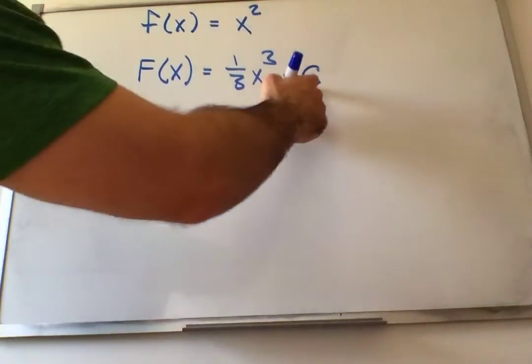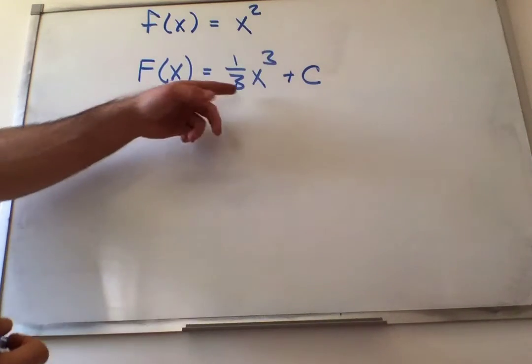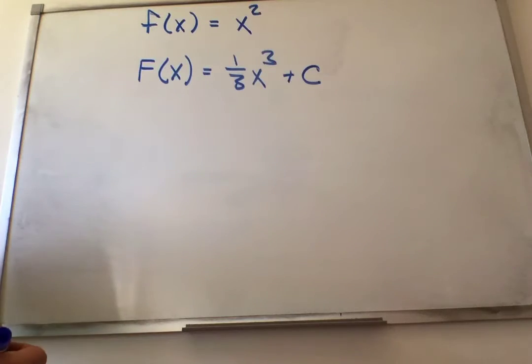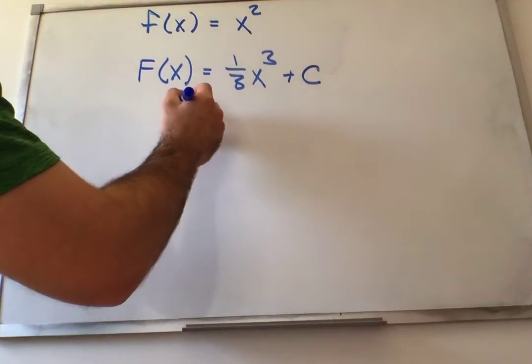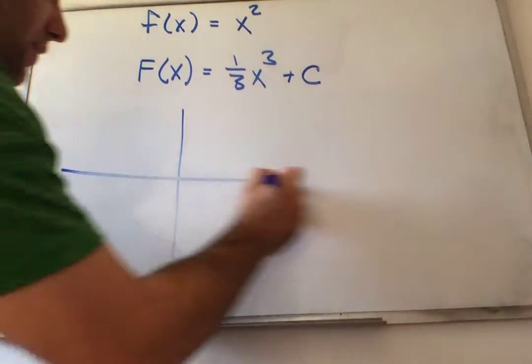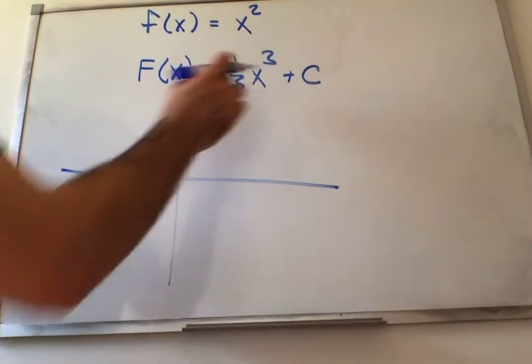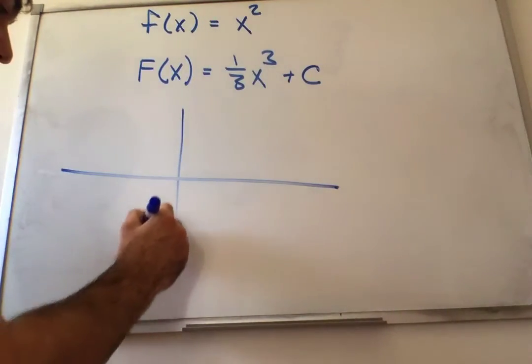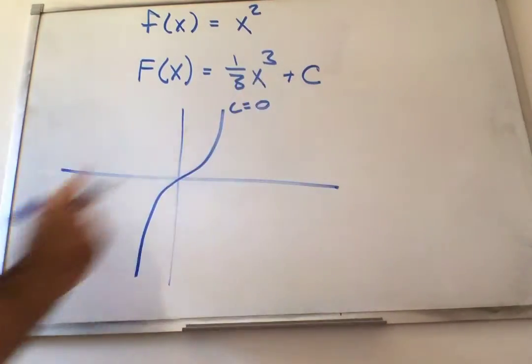Now, what this plus c does is for a different value of c, you are going to get a different curve. You could have what's called a family of curves for different values of c. So, how this would look, now, if c is equal to 0, this just looks like a cubic function, a plain old cubic function like that. So this is c is equal to 0.